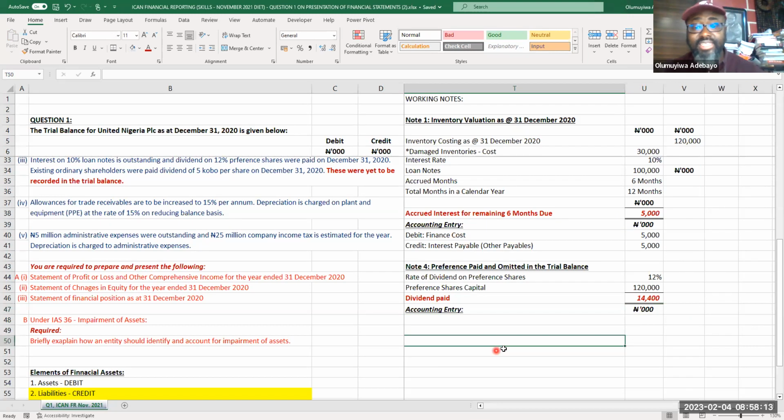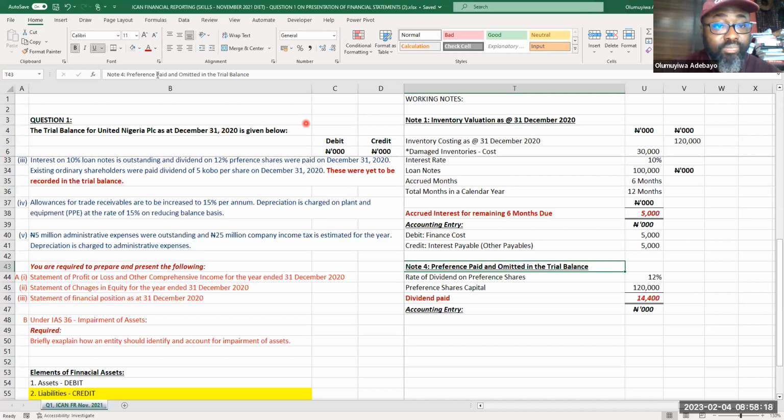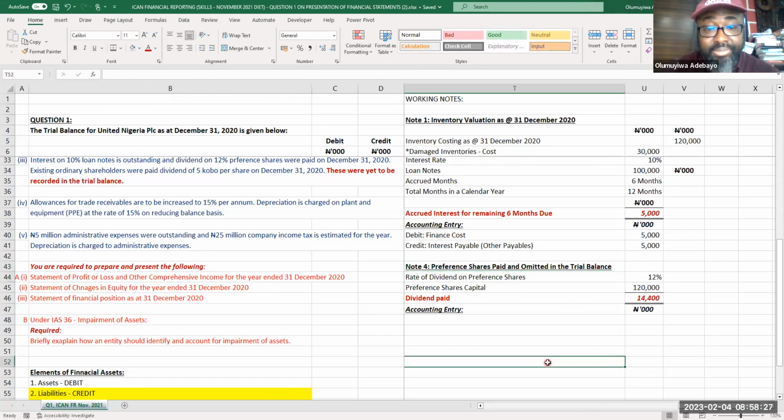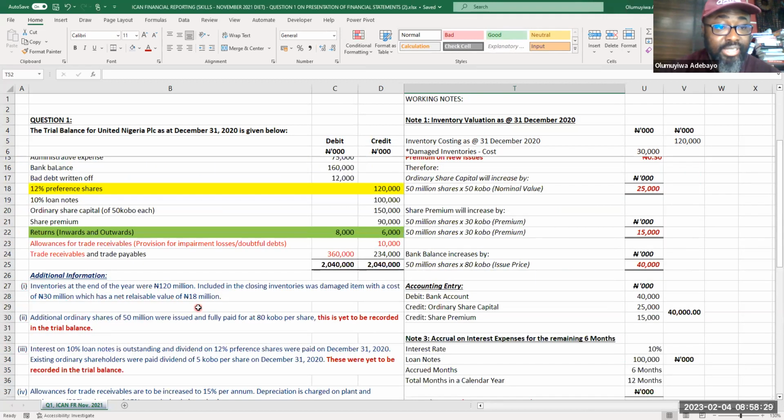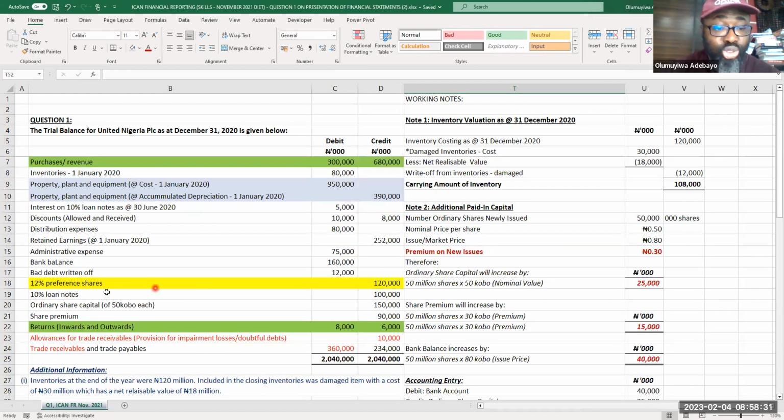Now, the question then is, this preference share capital, is it an equity or is it a liability? In the trial balance, we may not be able to know except if they've told us that it's 12% irredeemable or 12% redeemable, or 12% cumulative, 12% non-cumulative. But I won't go that route.